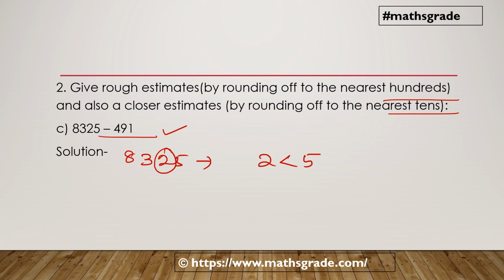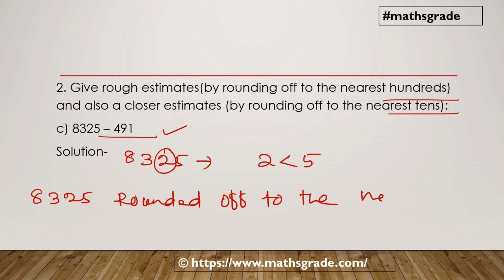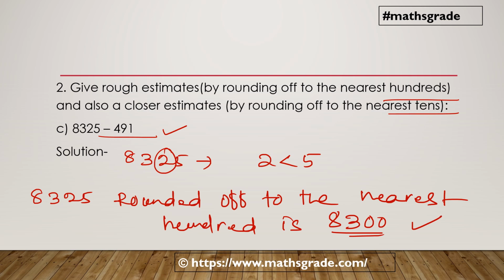That is, we write down 3 as it is and 0 in the tens place and unit place digit. So 8,325 rounded off to the nearest 100 is 8,300.